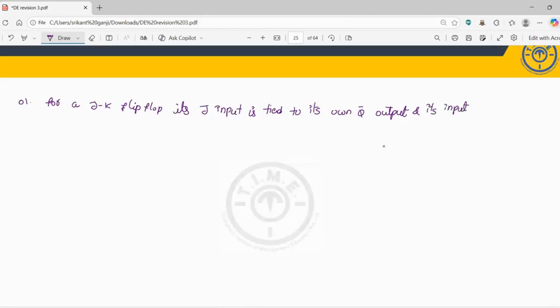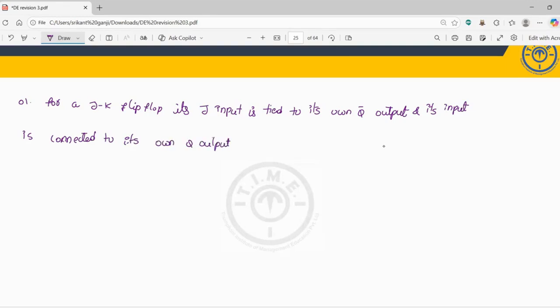Asking for a JK flip-flop, its J input is tied to its own Q bar output, and its K input is connected to its own Q output.